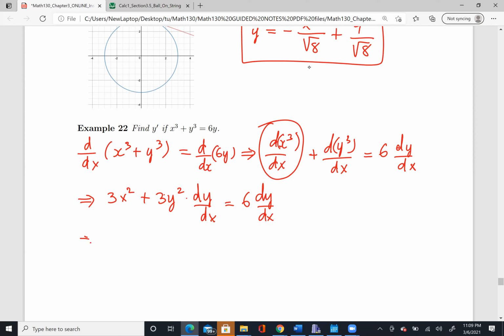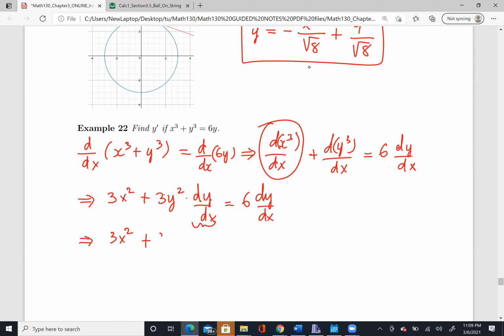And lastly, I have 3x squared. What I do is I'm going to rewrite dy/dx as y prime.